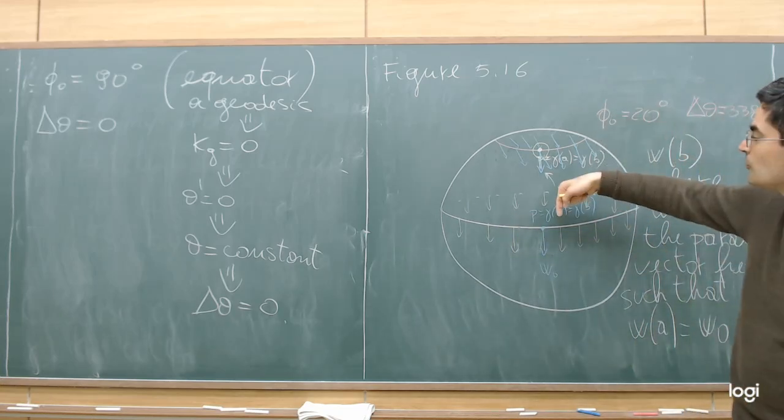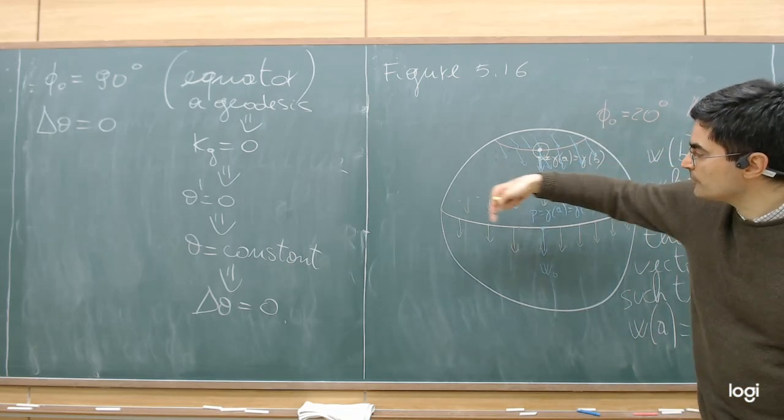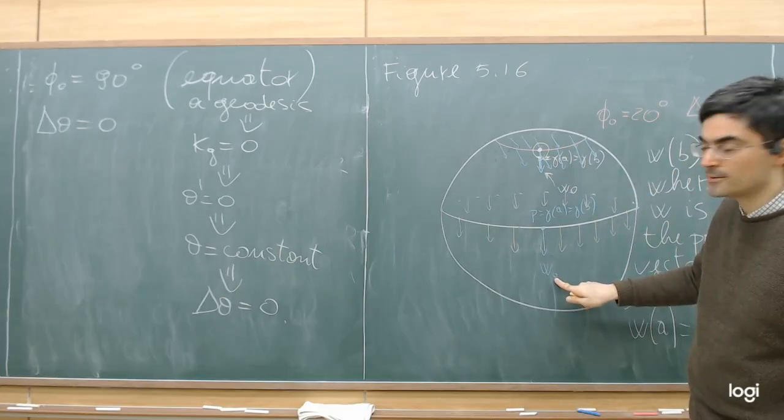So there is no rotation of the vector field along the loop with respect to W0.